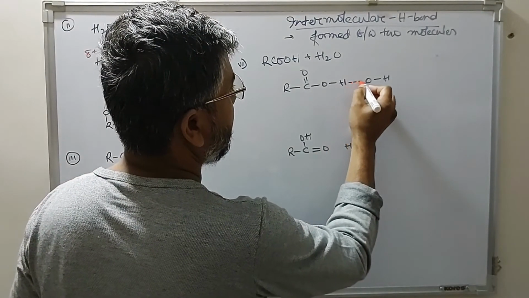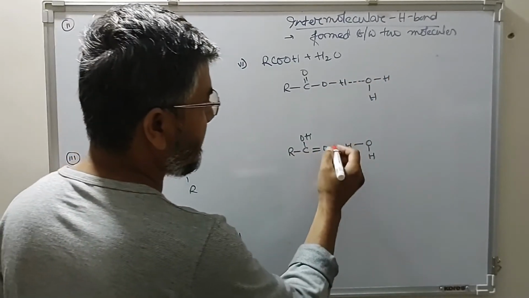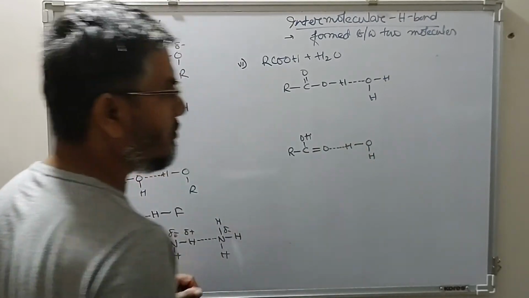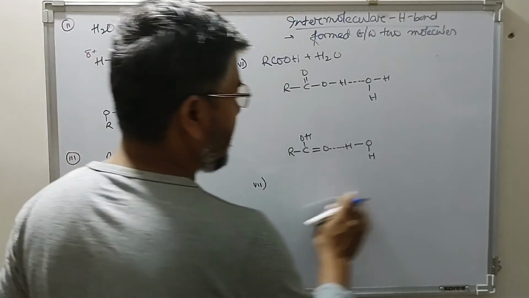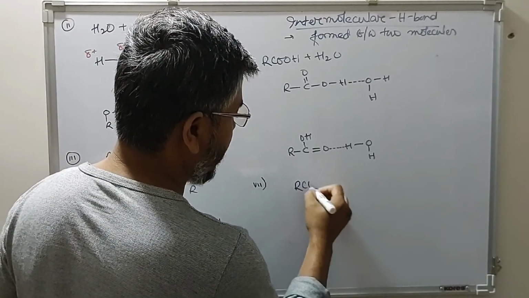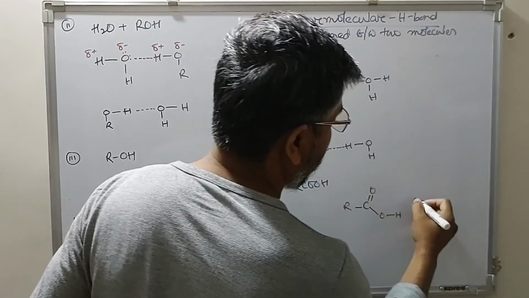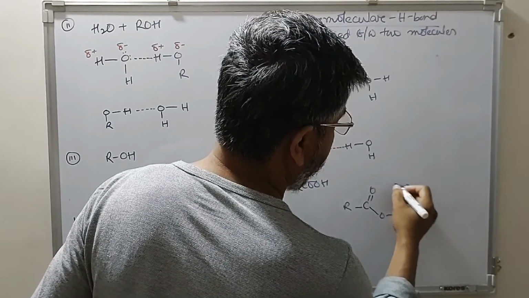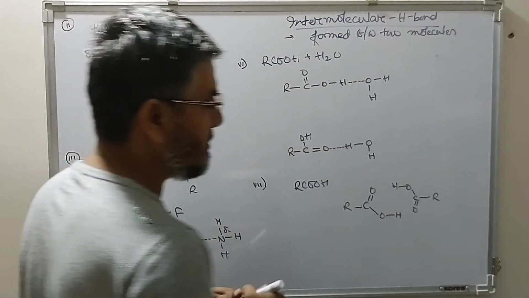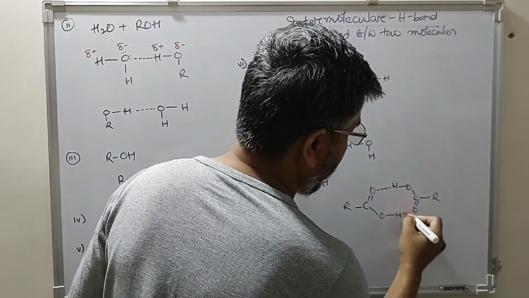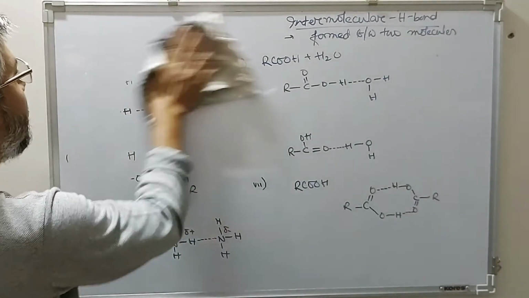So this is oxygen of acid, hydrogen of acid and oxygen of water. In the second case, oxygen of acid and hydrogen of water form intermolecular hydrogen bond. Between acid molecules, we have one acid molecule with another acid molecule. So hydrogen bond is formed between them. So this is intra and intermolecular hydrogen bond.